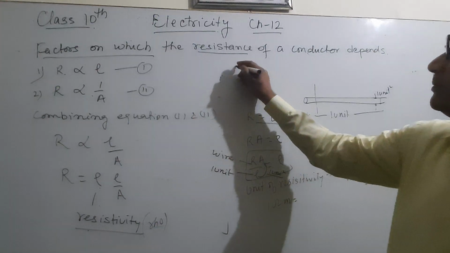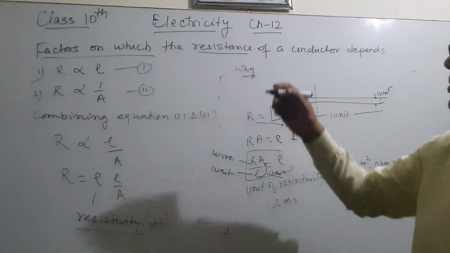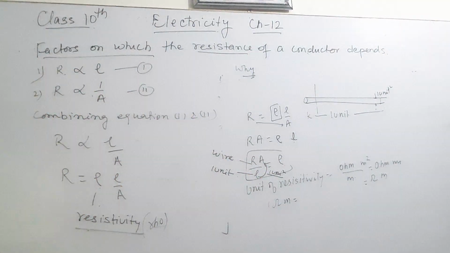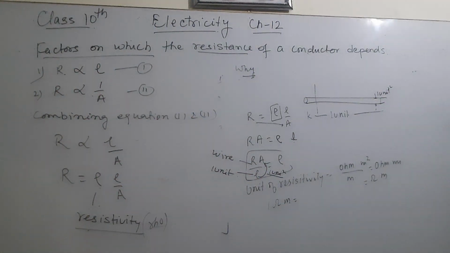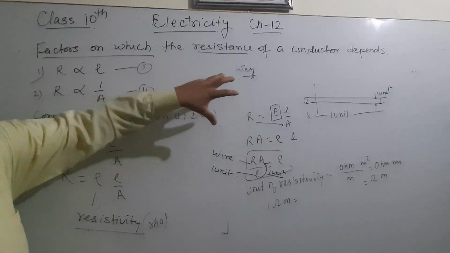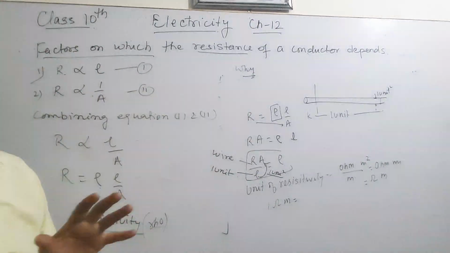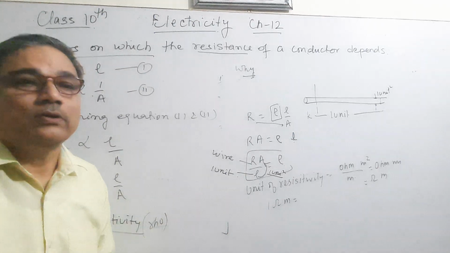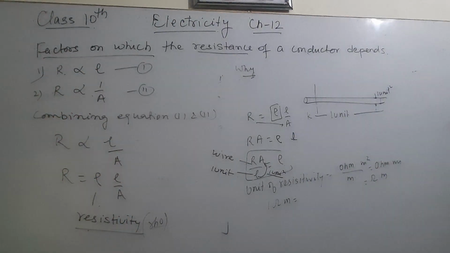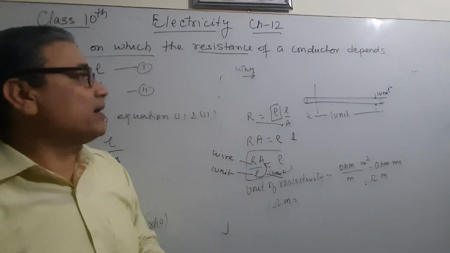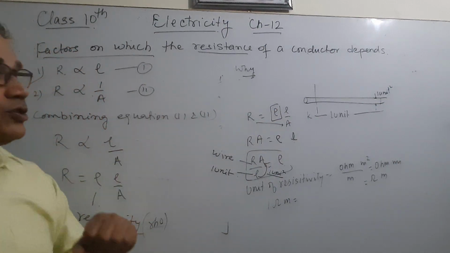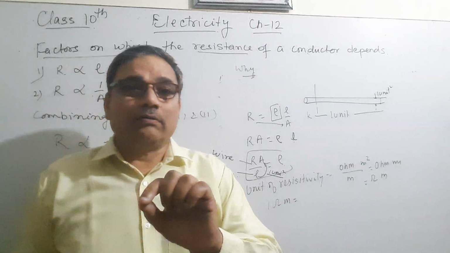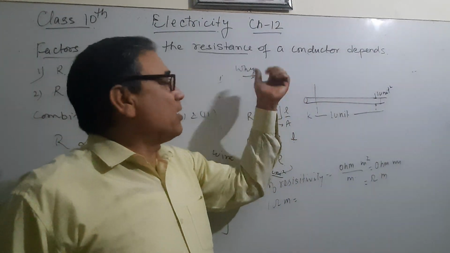Why is the resistivity of alloys high? Because they allow less electric current to pass as compared to metals. Therefore, non-metals generally have high resistivity. And we use alloys for filaments. Why?